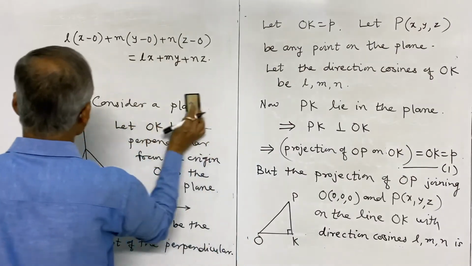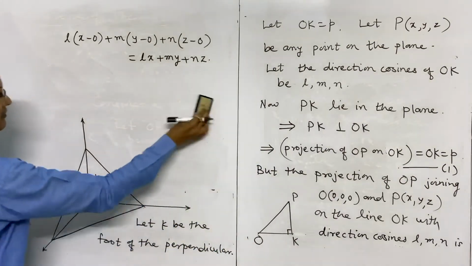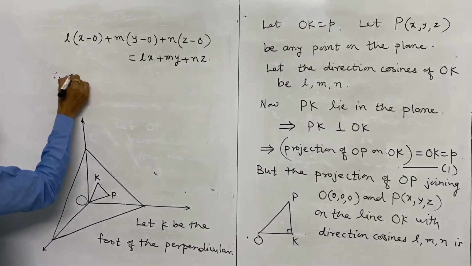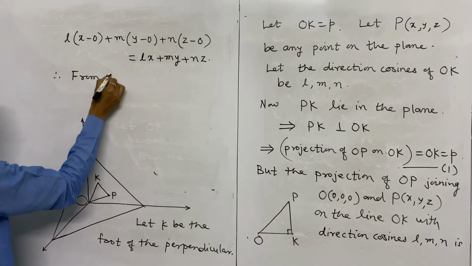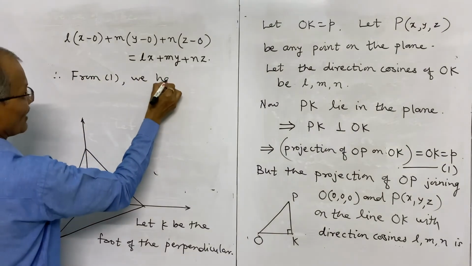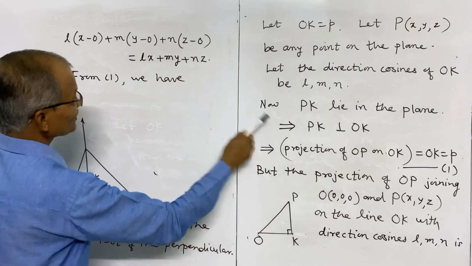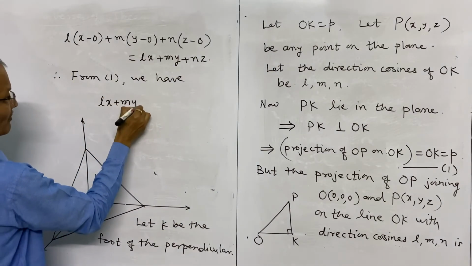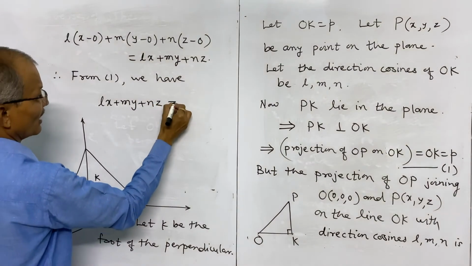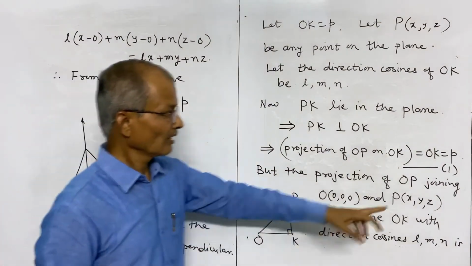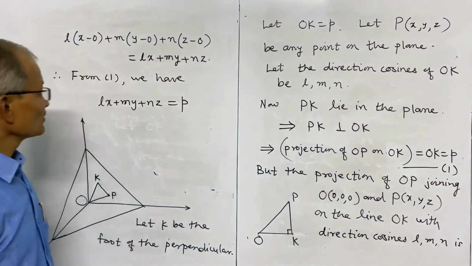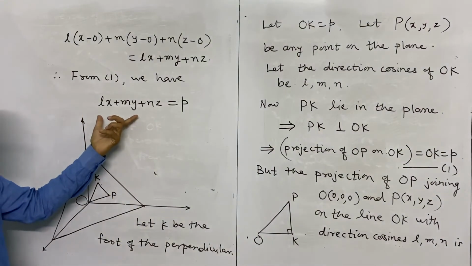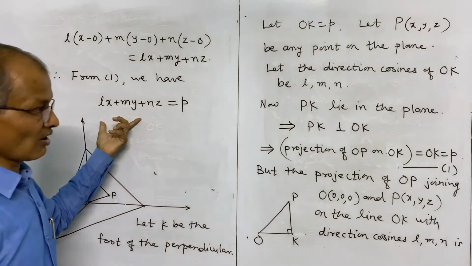Therefore from 1 we have, what is the projection? The projection is Lx plus My plus Nz, and this is equal to p. So this is the result we have obtained.